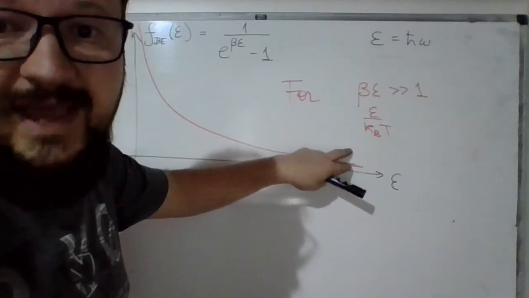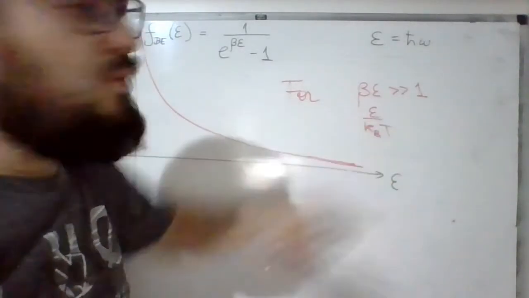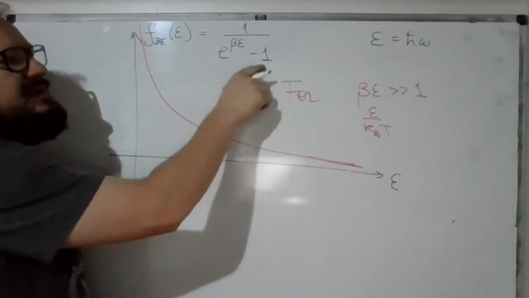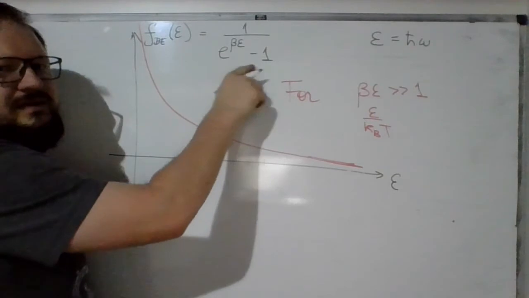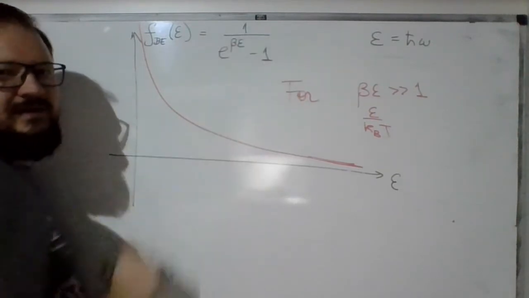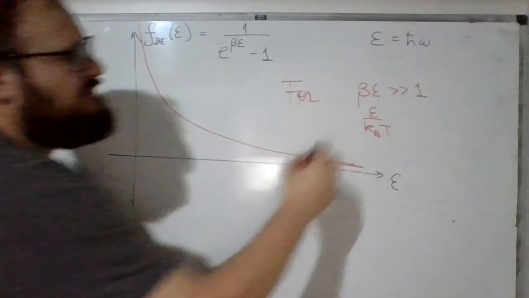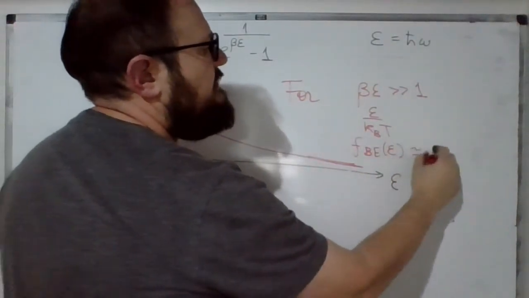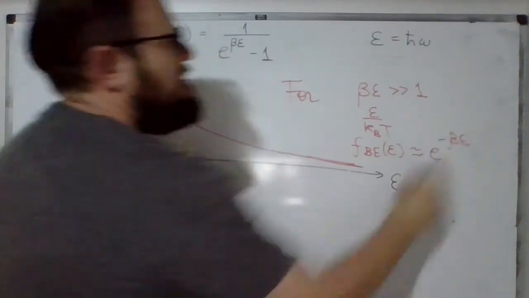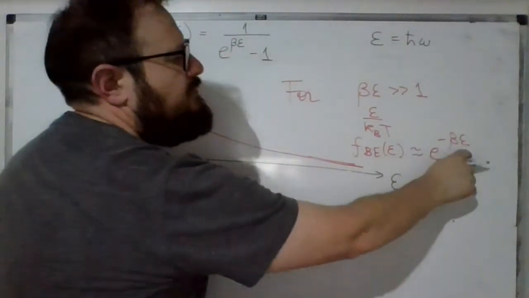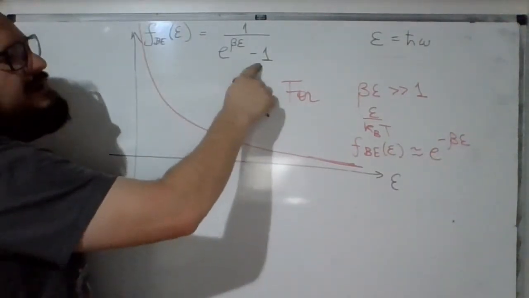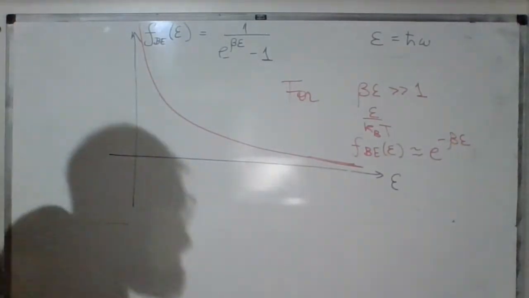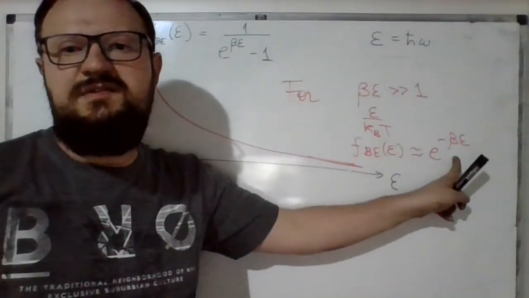For E to the beta E, that is E over kBT, much greater than 1, this exponential becomes much greater than unity, and you can neglect this 1 here, and you have for the Bose-Einstein distribution approximately the exponential of minus beta E, because you can neglect this 1. The inverse of this exponential becomes e to the minus the argument, and this is the Boltzmann distribution.